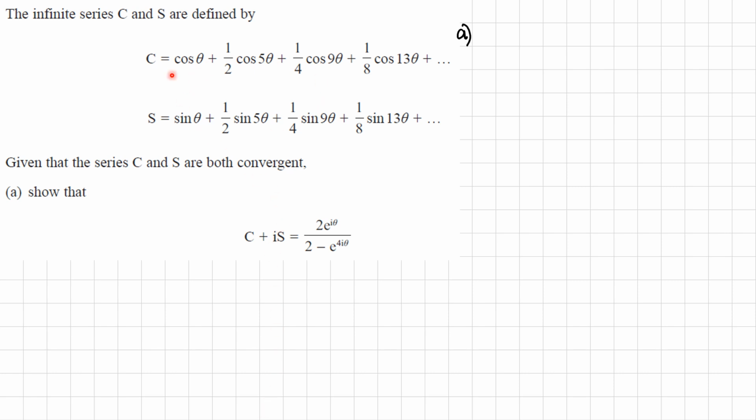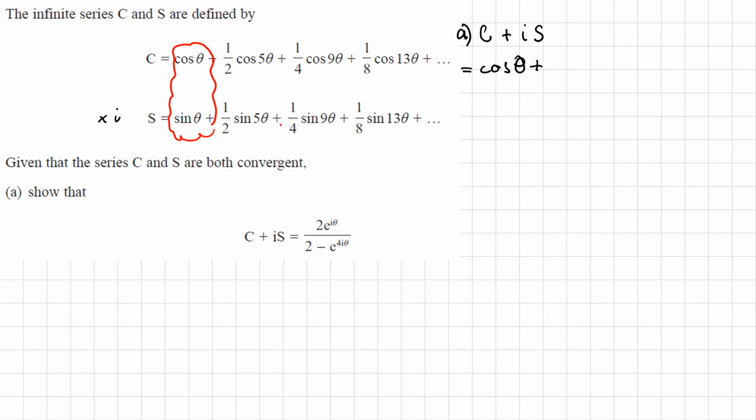So the first thing I'm going to do is put together C plus i times S. So I need to multiply all of the S terms by i. If I write that down, C plus iS is equal to cos theta plus, now I'm going to group together pairs of terms.